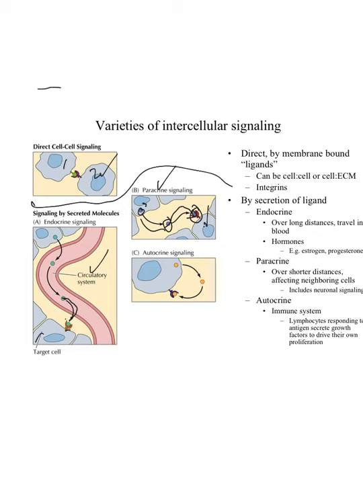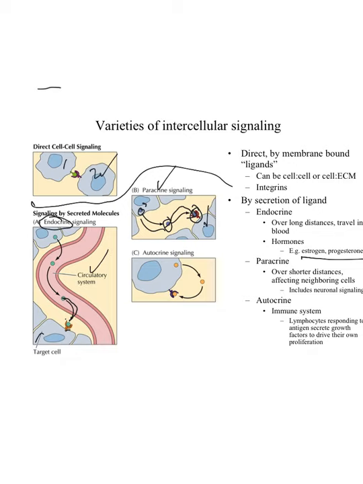So we call this endocrine signaling. And endocrine signaling involves the bloodstream, and it happens over much longer distances. The classic key hormones that we think of, testosterone, estrogen, progesterone, these all are endocrine factors that travel in the bloodstream and often have an effect at a distance.